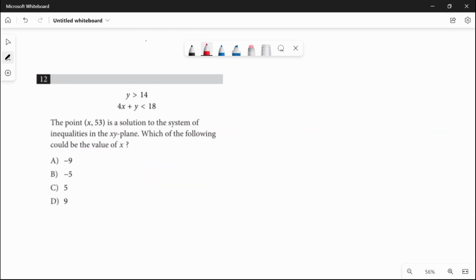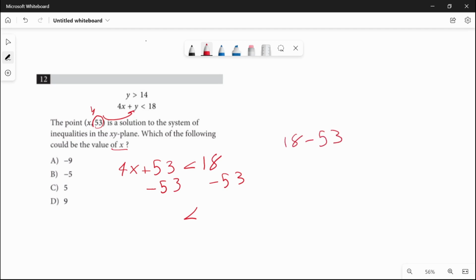Question number 12. The point (x, 53) is a solution to the system of inequalities in the xy-plane. Which of the following could be the value of x? So here we are going to plug this value into the second inequality given. This value is the value of y. So we will substitute 53 for y. So we will have 4x plus 53 is less than 18. Next step will be subtracting 53 from both sides. So we will have 18 minus 53. 18 minus 53 is equal to negative 35.